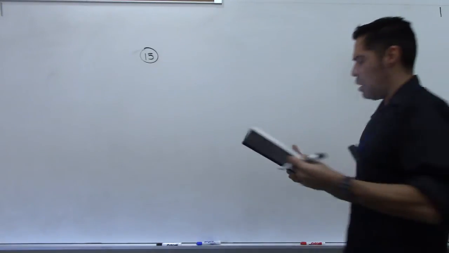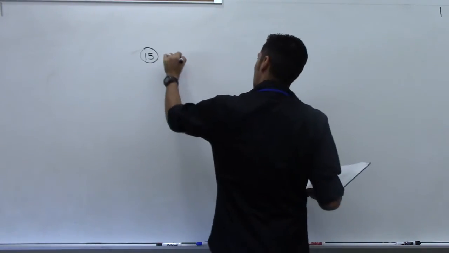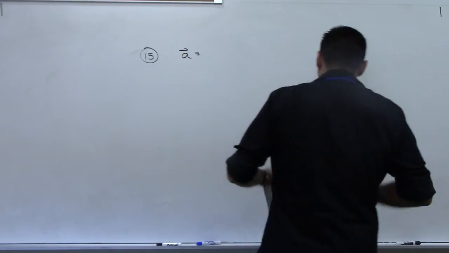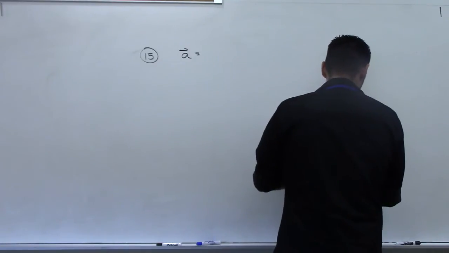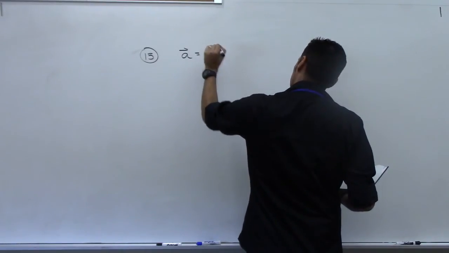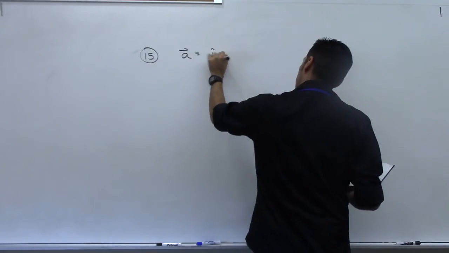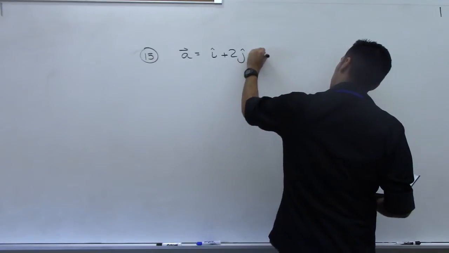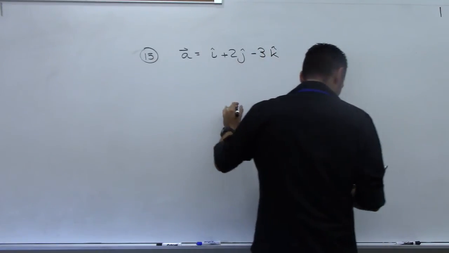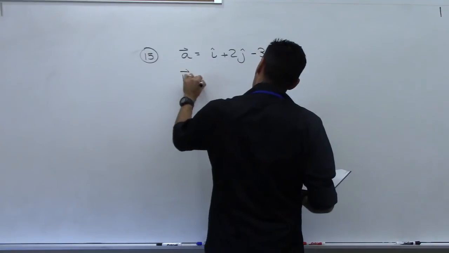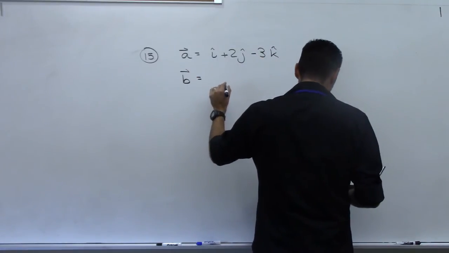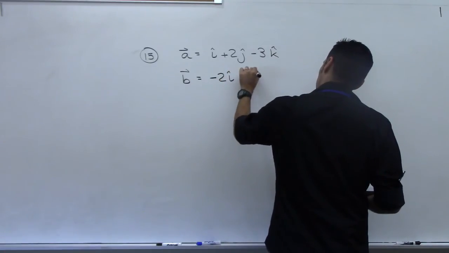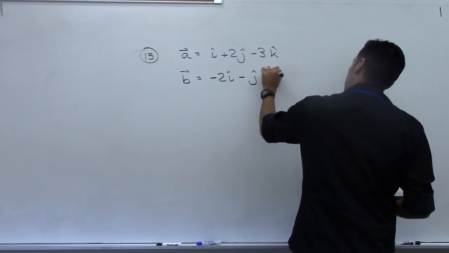So for 15, they give you a is equal to i plus 2j minus 3k. The vector b is equal to negative 2i minus j plus 5k.